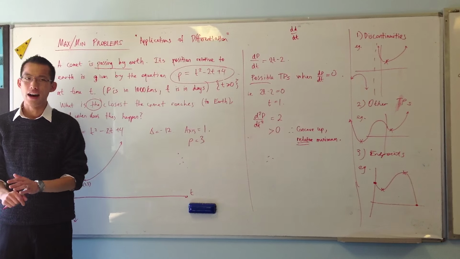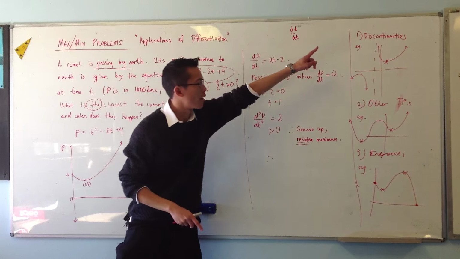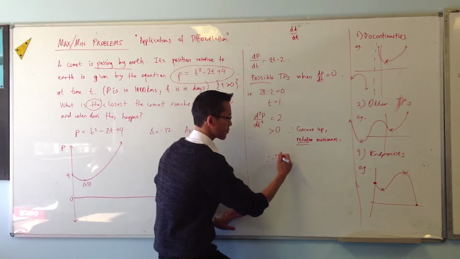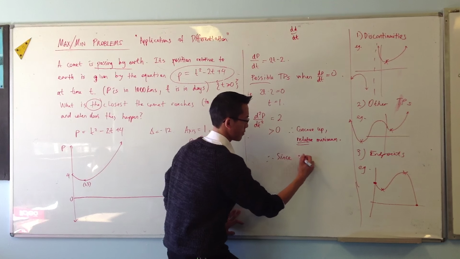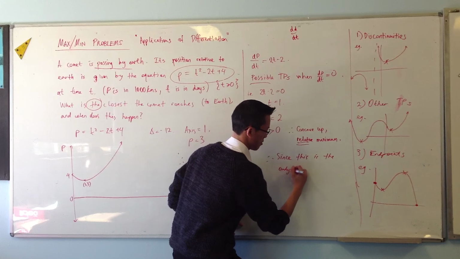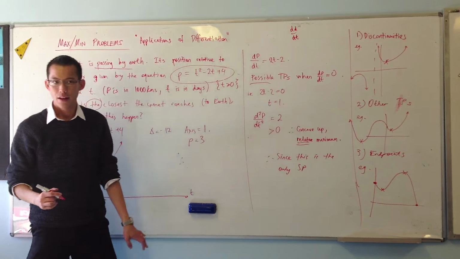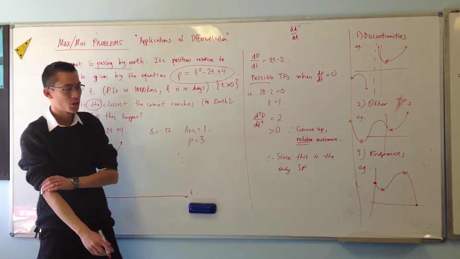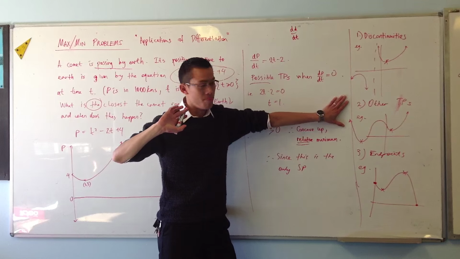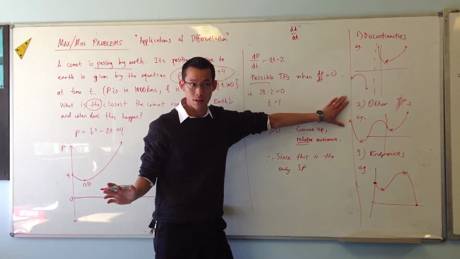Now, this part is a little bit tricky, but hopefully in light of what I've written here, this will make sense. I'm going to say, since this is the only stationary point, now this is important, because it's sort of covering this idea here. I'm saying there are no other turning points that I need to be interested in.